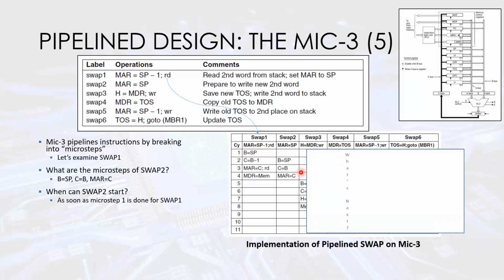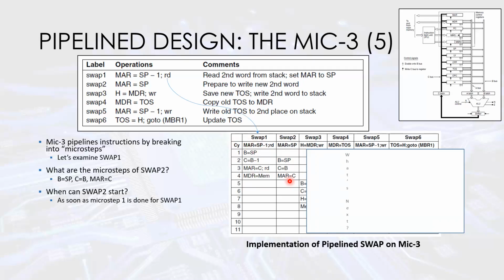Then we have C equals B, you can see it's a different microstep. And then MAR equals C right here. This would be a little bit of an issue if, in some sense, we can't write MAR at the same time. So the fact that it's in the very next instruction is good. This one kind of works as we would expect, the best case scenario.